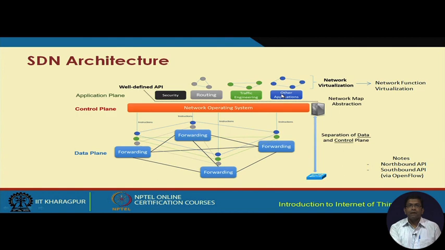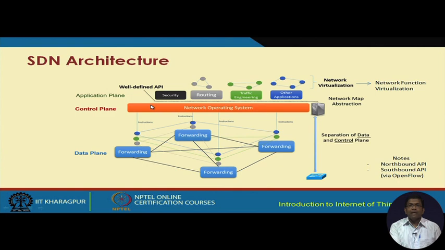One more concept I should mention before we proceed: we have three different planes in the SDN architecture, the data plane, control plane, and application plane. We have also seen that the data plane and the control plane are decoupled in SDN. Now, we have the concept of northbound API and southbound API.